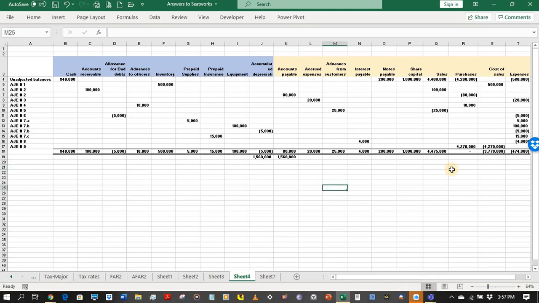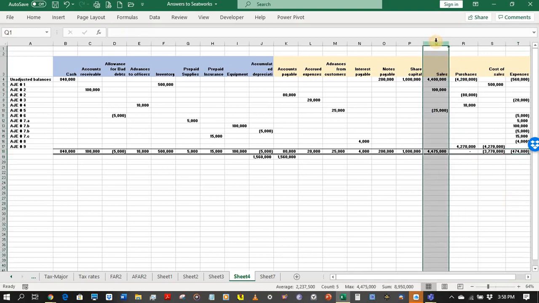Siyempre, ang net income natin is sales na 4,475,000 minus cost of sales na 3,770,000 pesos. Tapos less expenses na 474,000 pesos. So that is your net income. Yun din ang magiging retained earnings mo. Siyempre, wala kang beginning balance ng retained earnings kasi kaka-start mo pa lang.